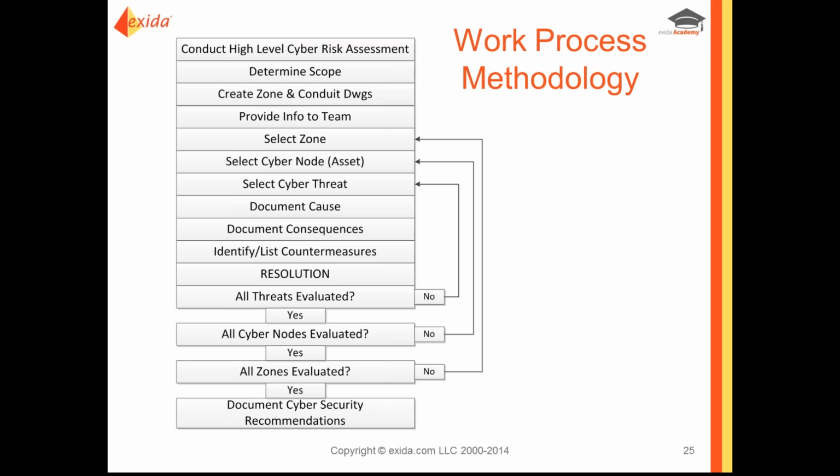And again, on that methodology, we'll go through it briefly once more: determine that scope, get your drawings together, and then go through individual zones, the cyber nodes that connect to the zones, and any threats associated with those, and come up with your set of security recommendations.